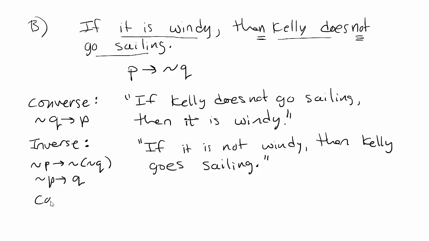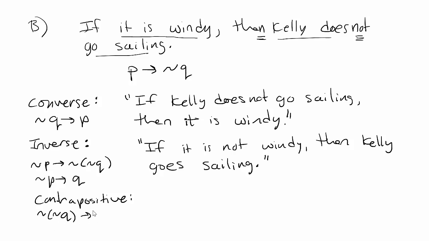And then the last one is your contrapositive. So this is where we're going to both switch the hypothesis and conclusion and negate them. So it's going to be not Q, right?